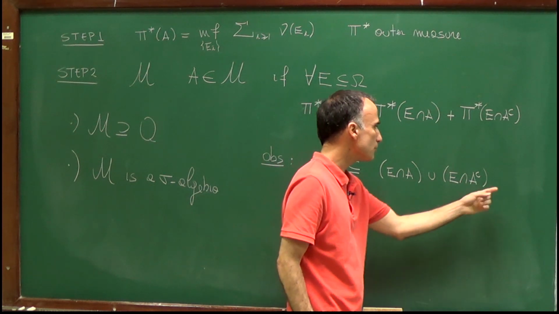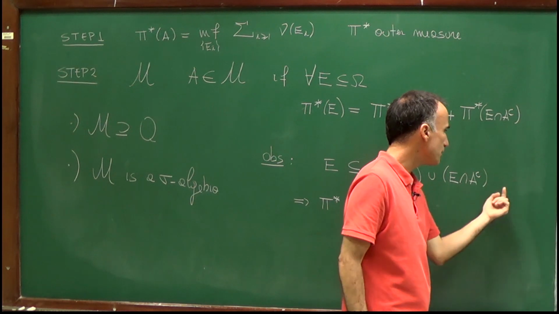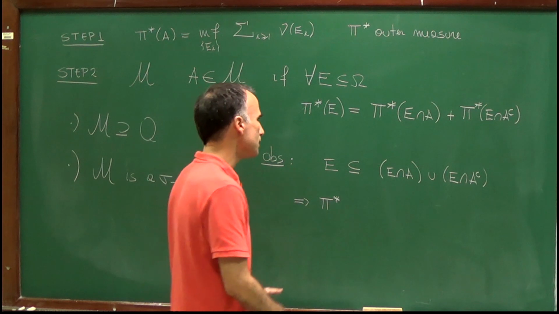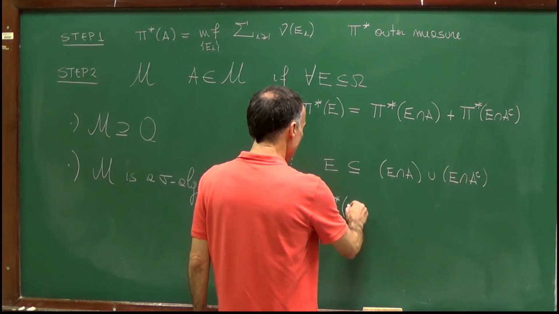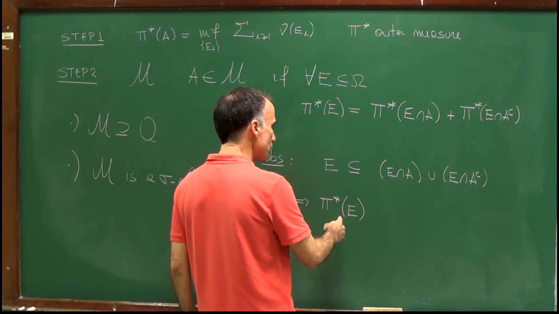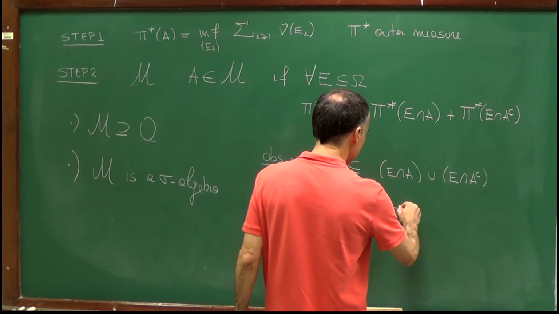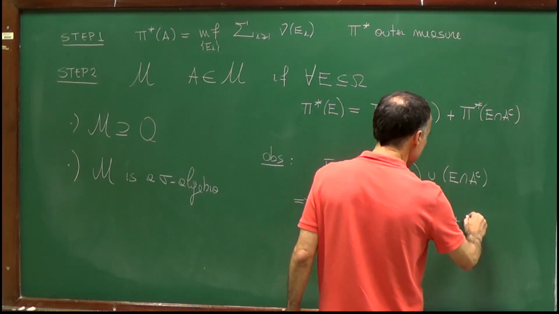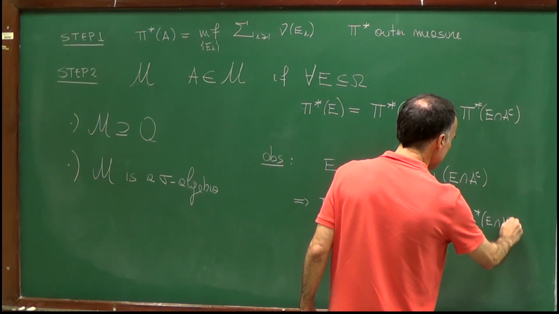We have only two sets, but you can imagine that you complement this union with empty sets to have a countable family of sets and just apply the subadditivity to this countable family. And if you recall that P star of the empty set is 0, what you get from the subadditivity is that P star of E is less than or equal to P star of E intersection A plus P star of E intersection A complement.